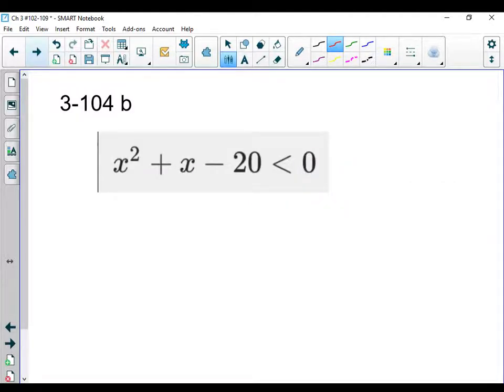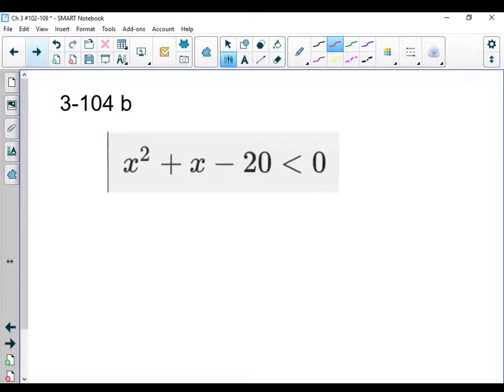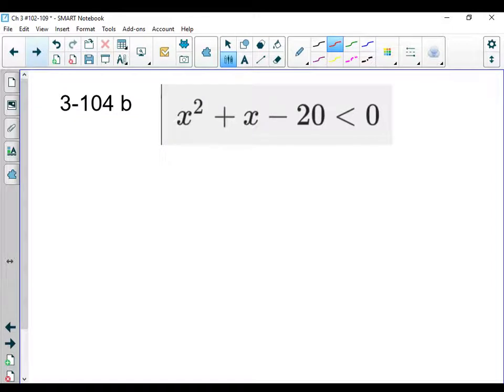The next one we do have to kind of attack differently. This one they want us to do x squared plus x minus 20, that's less than or equal to 0. Well, this one I do probably want to start out by creating an equation, because we know how to deal with this.